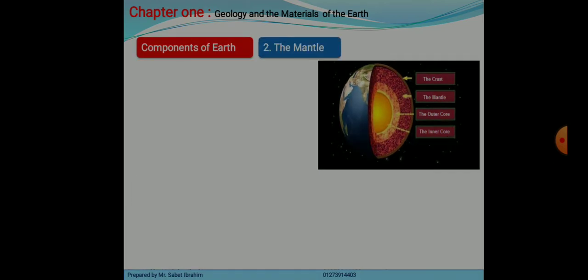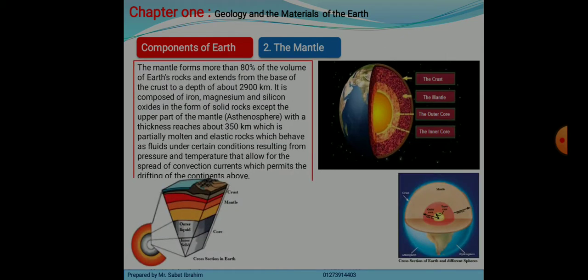Number 2, the mantle. The mantle forms more than 80% of the volume of Earth's rocks and extends from the base of the crust to a depth of about 2,900 kilometers.